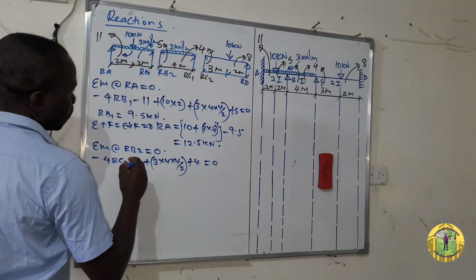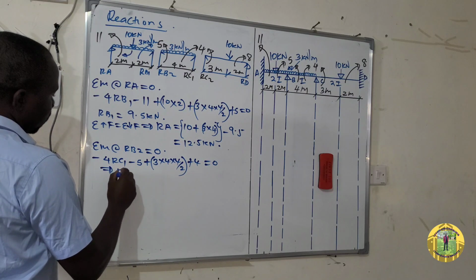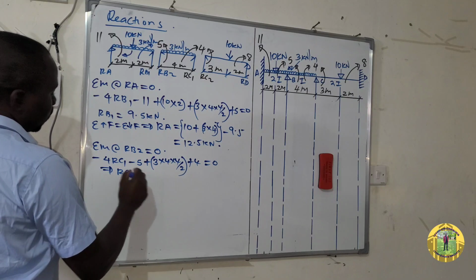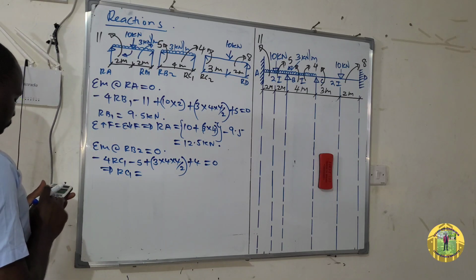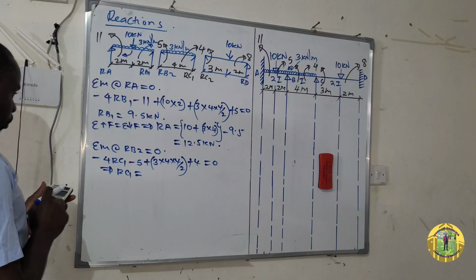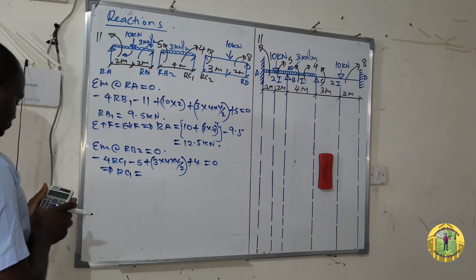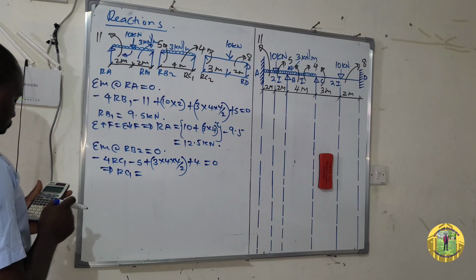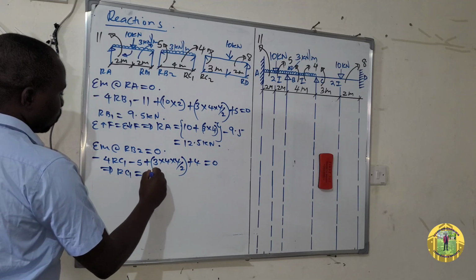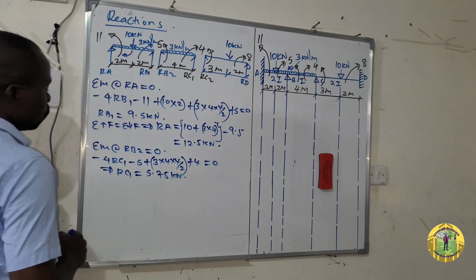Which implies RC1 is equal to negative 5 plus 3 times 4 times 2 plus 4, then divide everything by 4. So this is 5.75 kilonewton.